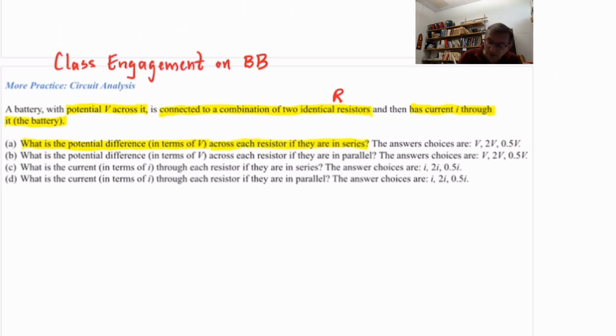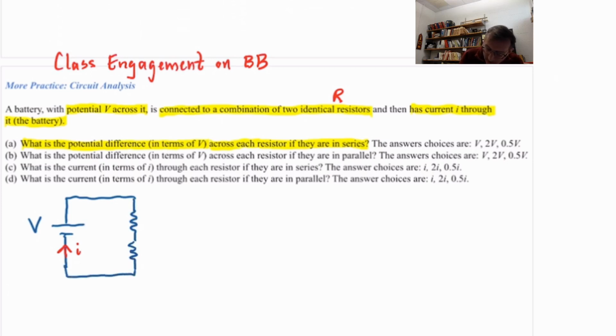So let's draw a picture. We've got a battery like that. The potential difference across it is V, and the current going through it is I, and then connected to it are two resistors, identical, in series. So you should be able to draw that in a circuit diagram.